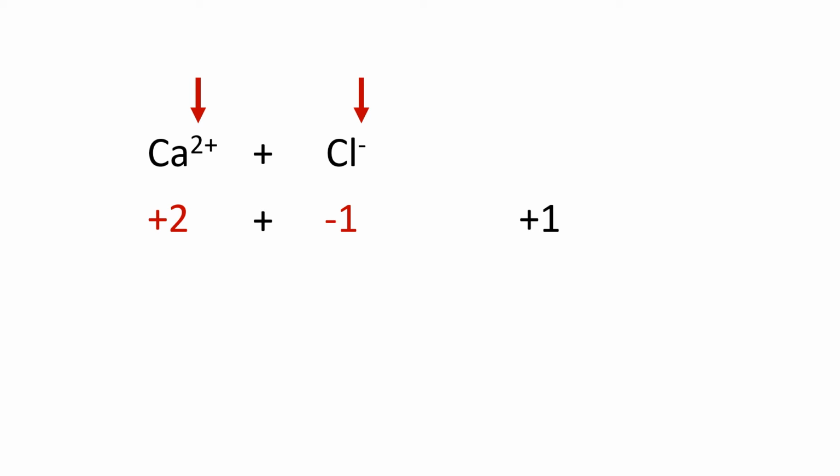Now what do we need to do in order to make that happen? Well, the obvious thing is that we need to do something to increase the number of negative charges. And believe it or not, that's actually easy to do. We can simply double the number of the chlorides. Now with 2 chlorides, each one bringing with it a -1, the overall contribution is now going to be -2. Now if we add the charges, that is the +2 from calcium and the -2 from our 2 chlorides, we get 0.